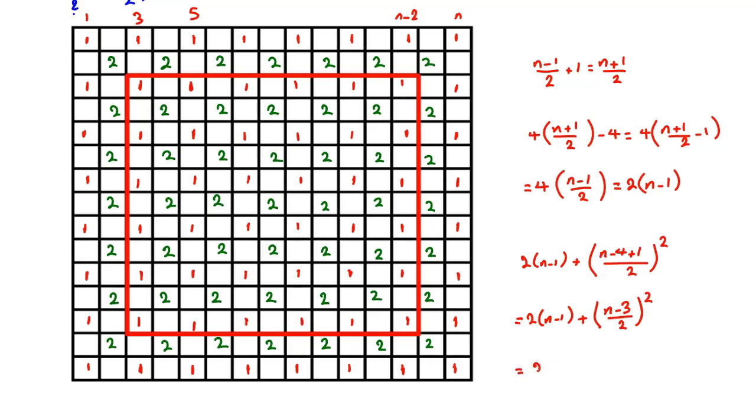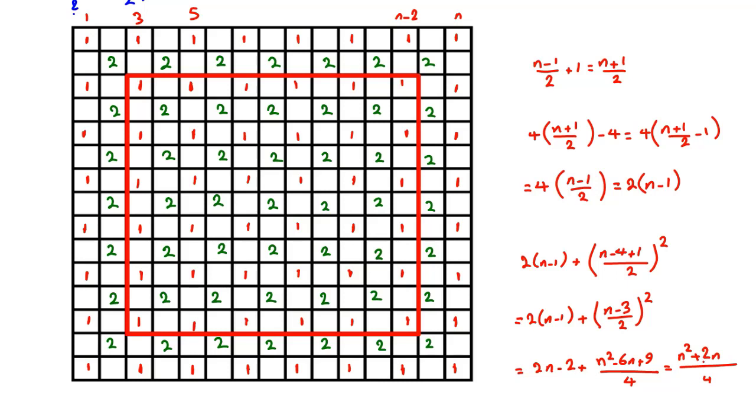So we consider 2 times n minus 1, or let's write 2n minus 2, plus n minus 3 whole squared over 4. It will be n squared minus 6n plus 9 over 4. And then it will be 4 plus 4 times 2n, 8n. 8n minus 6n will be 2n.